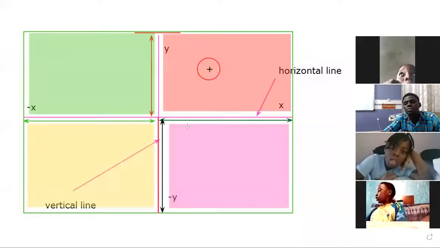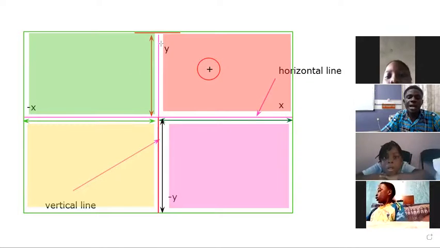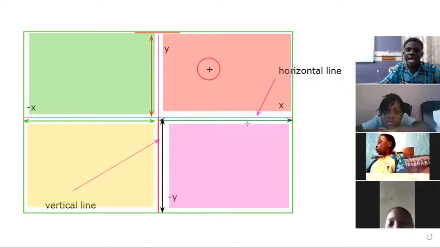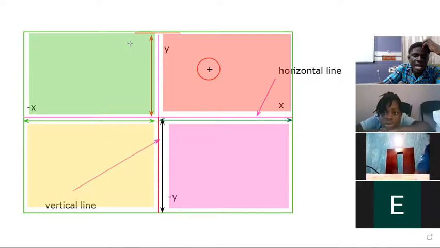To show that that corner is positive. Right. So the y is positive and the x is positive. That is why it is positive here. Do you understand? Yes, please. Okay.